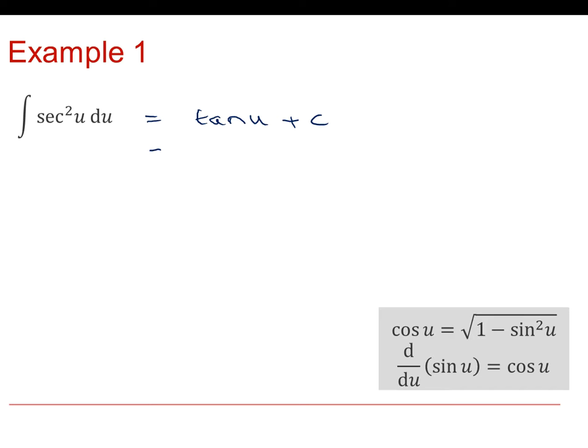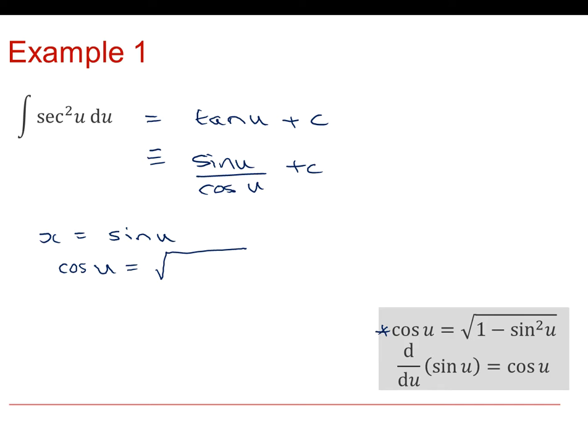Now this is equivalent to sine u over cos u plus c, using the identity that tan x is always sine x over cos x. Well, we know that x equals sine u, and we know therefore that we can write cos u as the square root of 1 minus sine squared u, or 1 minus x squared.